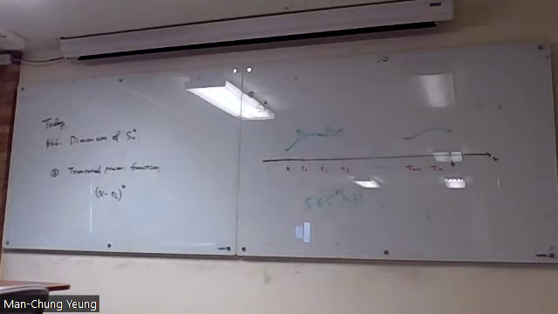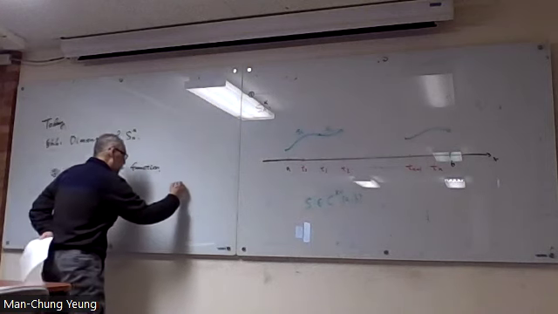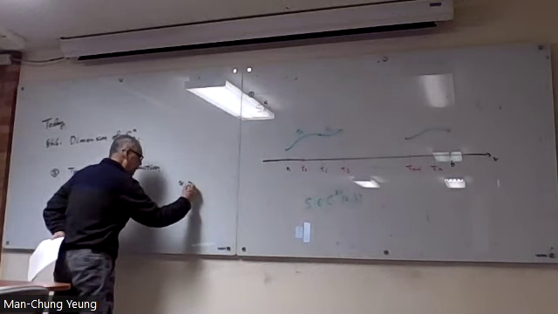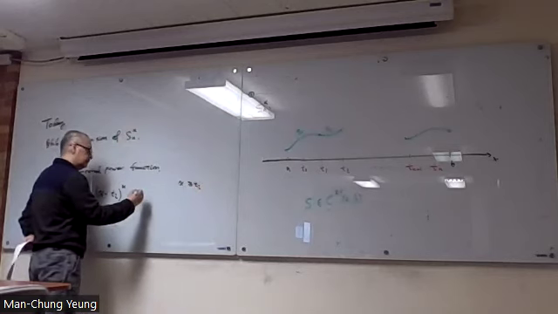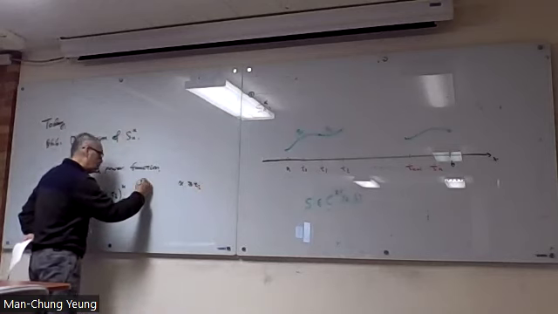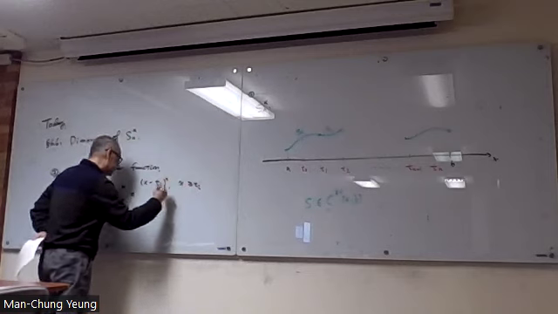Now, the truncated power function definition is: when x is greater than or equal to Ti, the truncated power function is the power function.